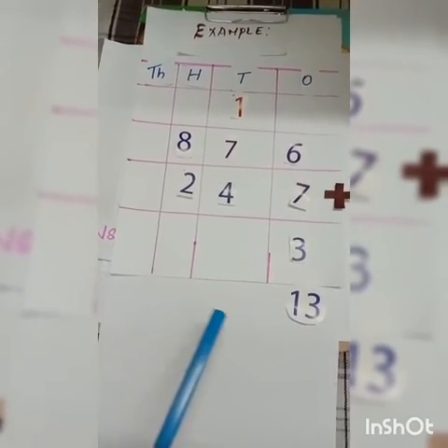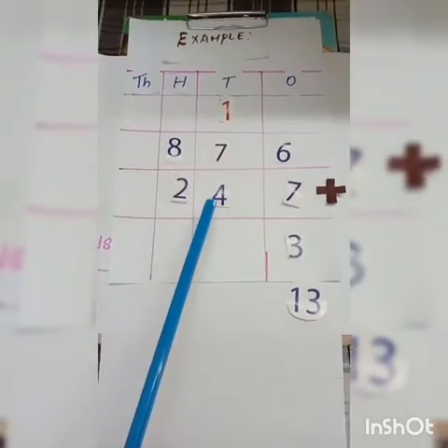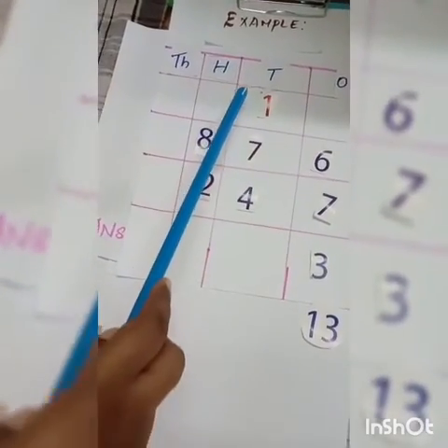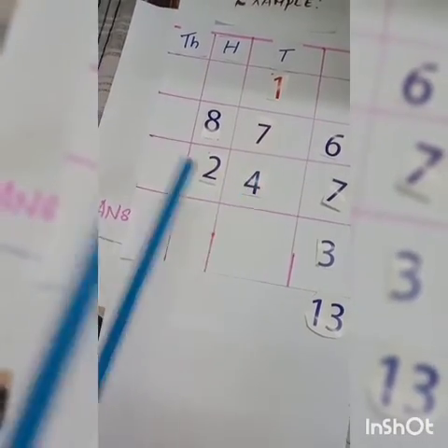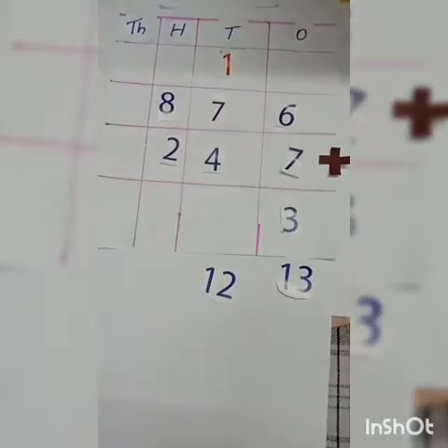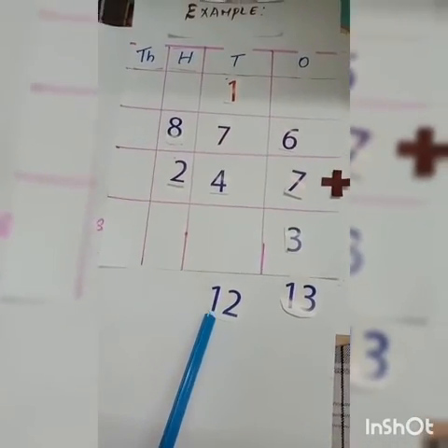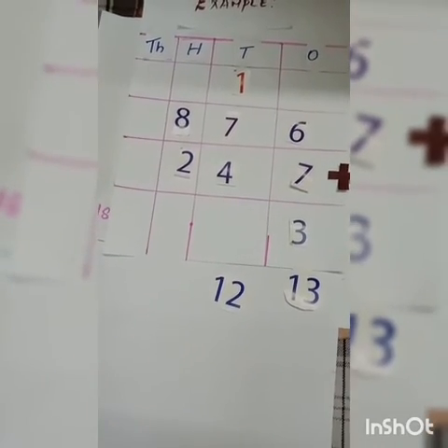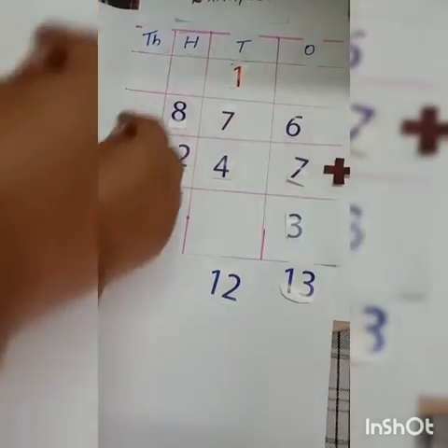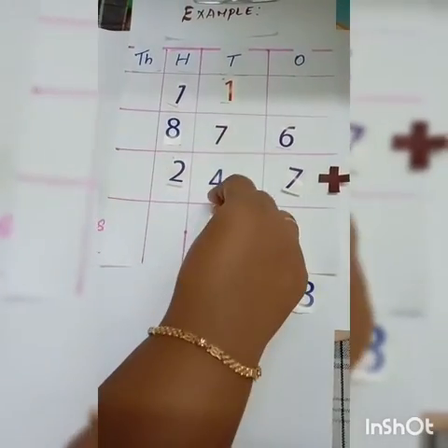Step 2 is add the digits in tens column. Here it is 1 plus 7 plus 4, which is equal to 12 tens. Regroup 12 tens as 100 and 2 tens. Carry 100 to hundreds column and write 2 tens in tens column.